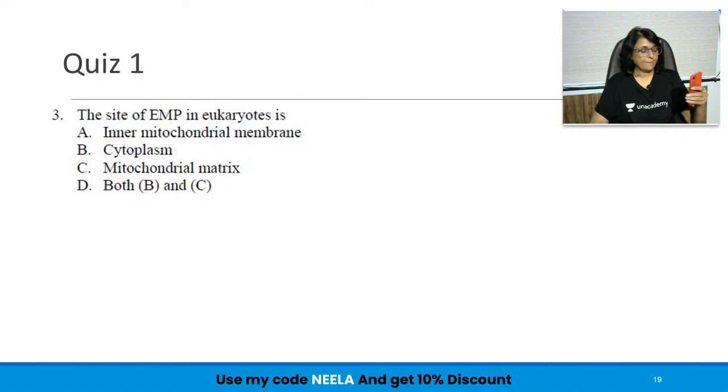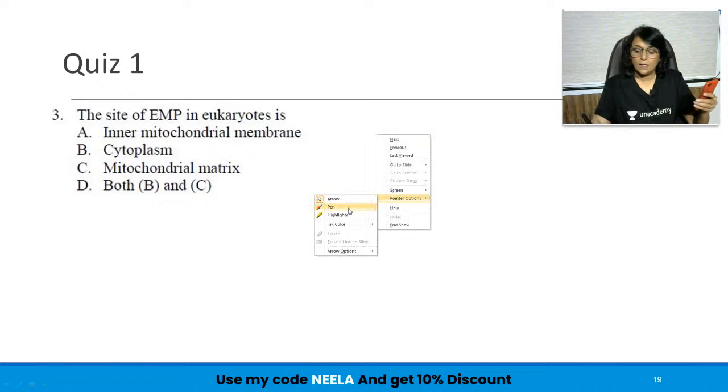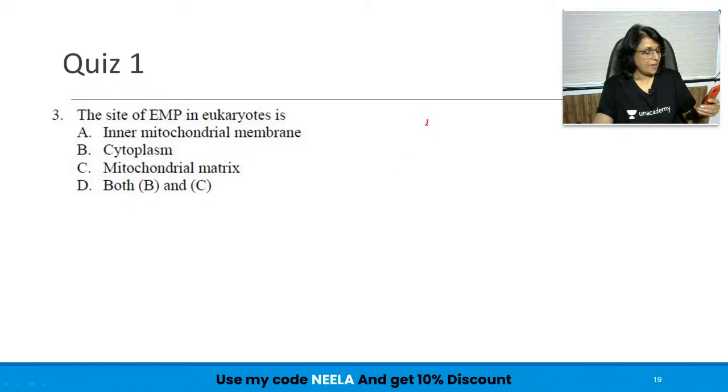Okay, that is B. Kalai says answer for 3 is A. Krish says D. Okay, so we have 3 options here. We have B answer, we have D answer, and we also have A answer.